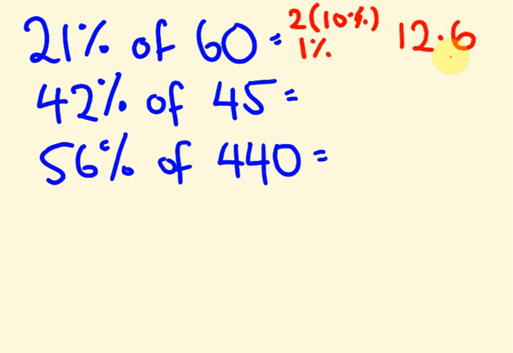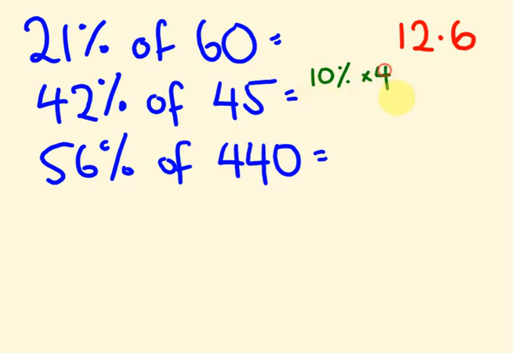Hopefully you did. Okay, what about we do the next one, and we get 42% of 45. So this is a bit of a harder one. The way I'd be looking at this one, I'd be thinking 42%, well, we have 10%, and I'd actually think there's 4 of these, and 1%, we have 2 of them.